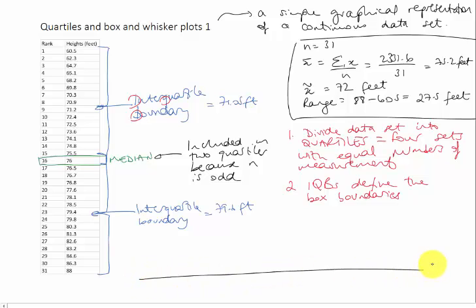So we can do this horizontally or vertically, but it suits me better to do it horizontally here. So we need a line, and I'm going to mark on there the median of 76 feet.